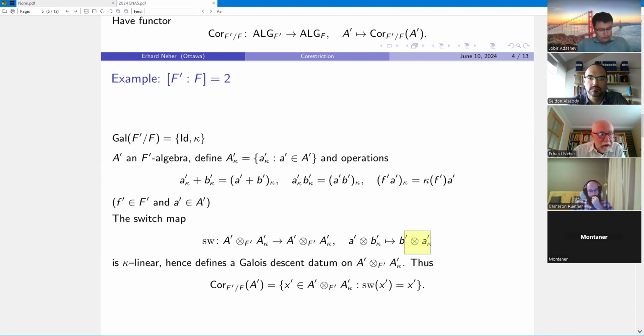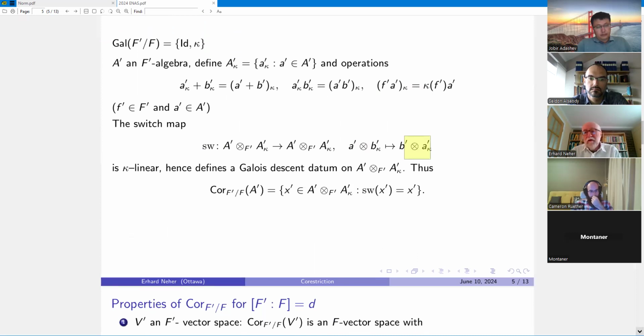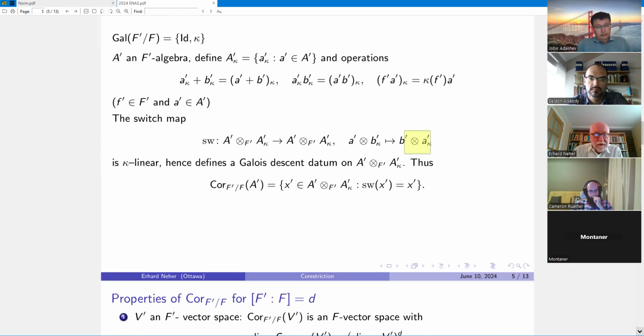Okay, so what properties does this corestriction have? Why is it of importance? So here is a rundown of some useful properties.